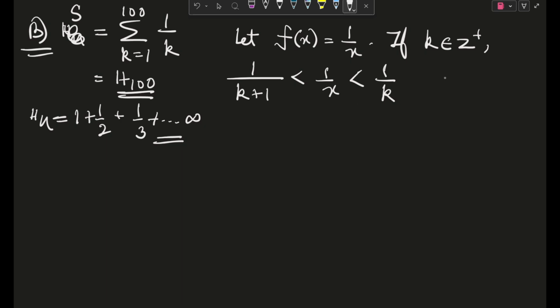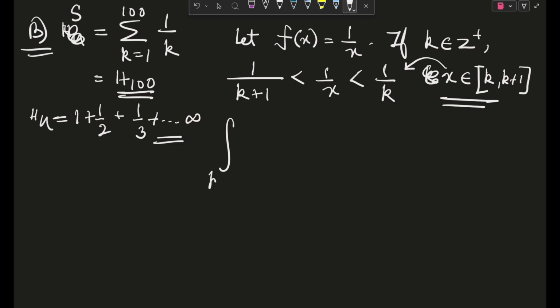What I'm trying to say is, here x is belonging to k to k plus 1. So in that particular aspect, this thing holds true. Right? So now what I am doing is integrating this inequality from k to k plus 1 on all three parts.